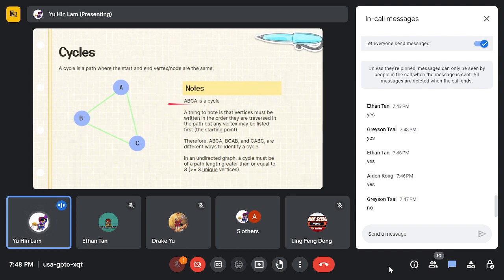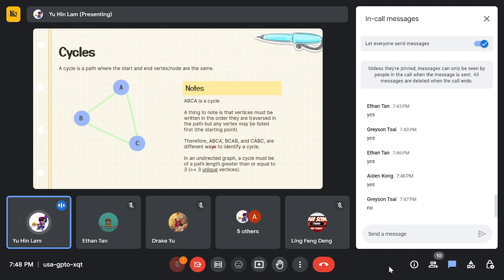So our example right here would be A, B, C, A. If we follow it, we go A, B, C, A. So this would be a cycle because we start with A and we end with A. A thing to note is that our vertices must be written in the order that they move in, but our starting and ending points could be in any order. So that means that ABCA, BCAB, and CABC are all different ways that we can write a cycle.